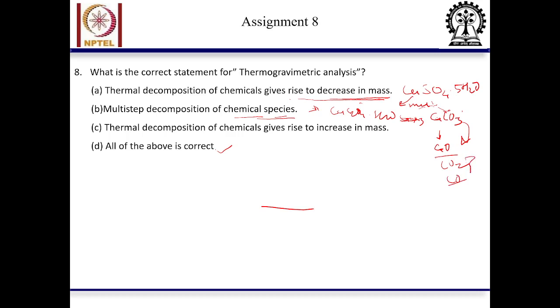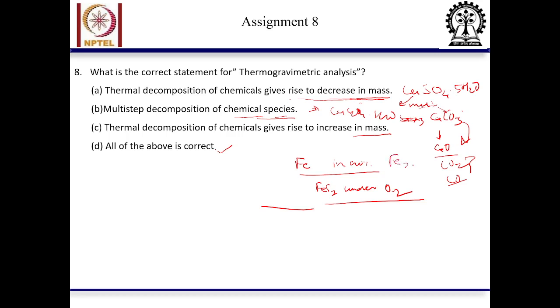Now, thermal decomposition of chemicals giving rise to increase in the mass. This we have also seen with iron in air, that is one, and we have also seen FeS2 under oxygen. These are the two examples we have seen where thermal decomposition of chemicals gives rise to an increase in mass.